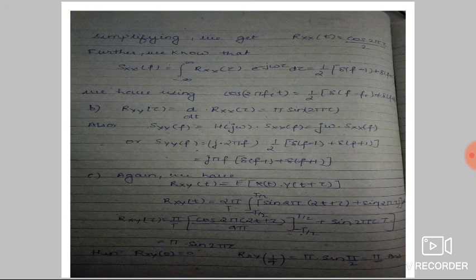It will equal pi sin 2 pi tau. Then Rxy(0) equals 0, and Rxy(1/4) equals pi sin(pi/2), which equals pi.